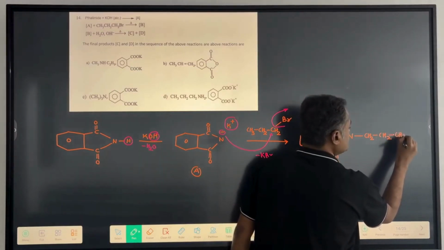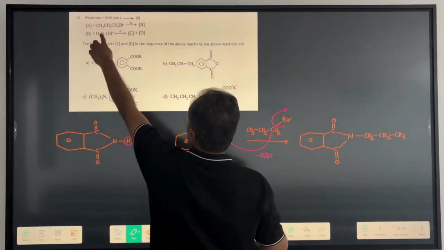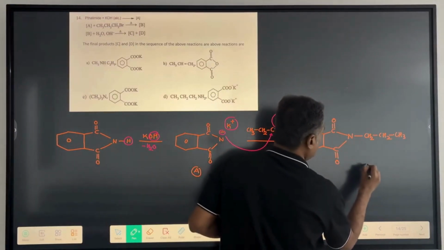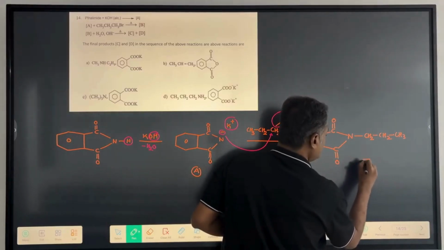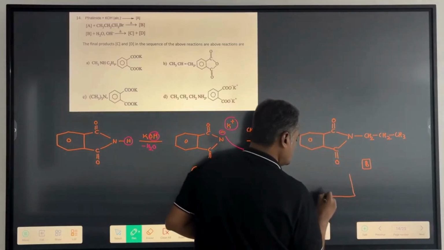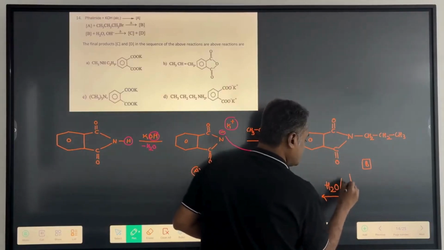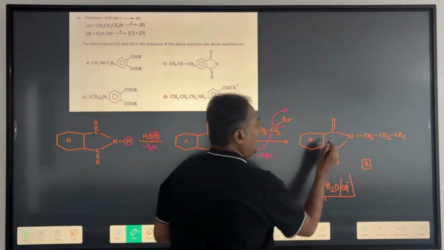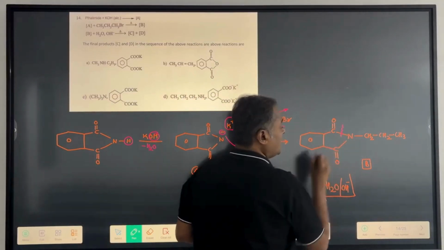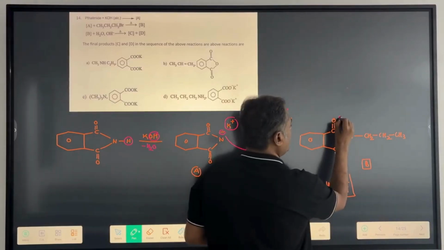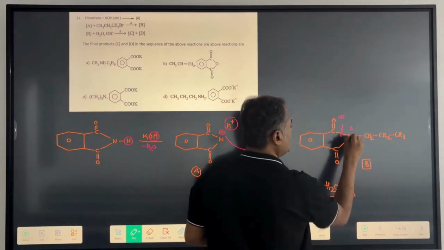Now, this is your compound number B. Now, what is the last step, child? Carry out hydrolysis of this. When you carry out hydrolysis in presence of base, first thing that will happen, your hydrolysis will take place at the amide linkage, where you will get OH part over here and H part over here.